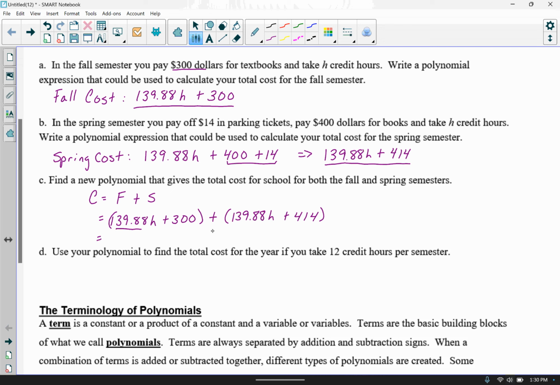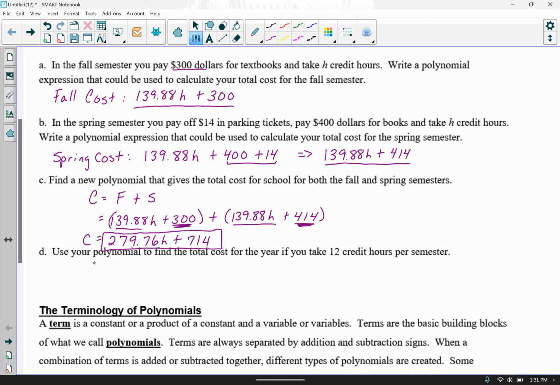We have h's that we can put together, so if we were to add those two h's together, that should land you at 279.76h plus, and then add your numbers together. So 300 plus 414, that should land you at 714. That would be our final answer there, and that would represent your total cost for the spring and fall.